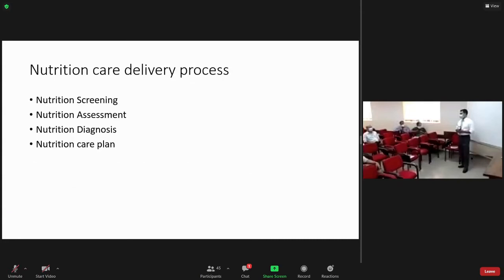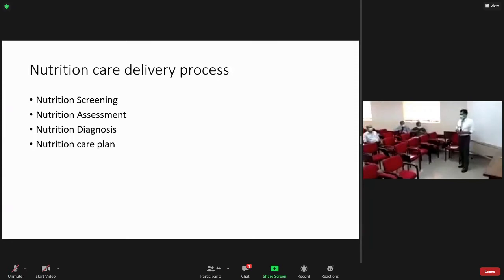In the nutrition care delivery process, we follow 4 steps: nutrition screening, assessment, diagnosis, and nutrition care plan. You don't expect us to provide nutrition care for all the patients in the hospital, so some sort of screening tool is applied. There are accepted and validated tools.